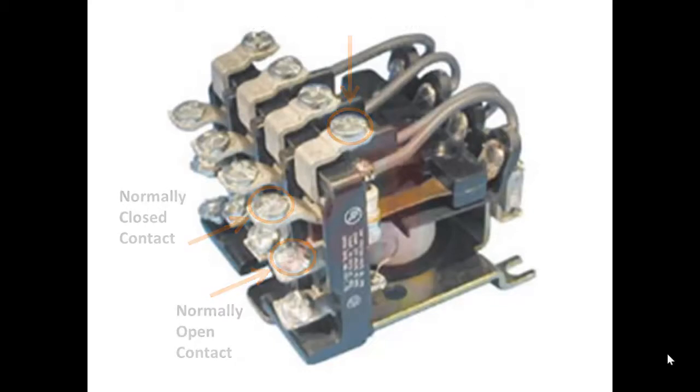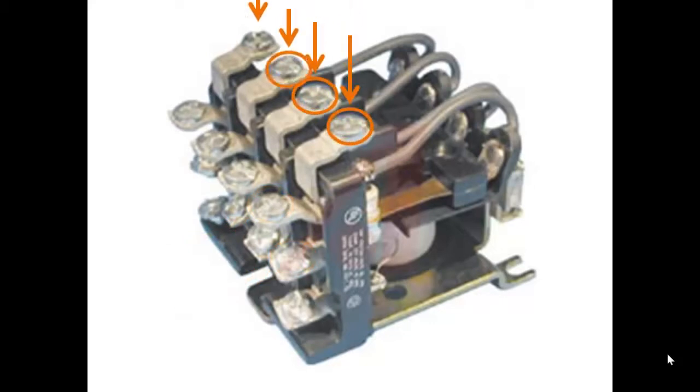Now I said this was a 4-pole double throw. So you can see there are 4 sets of Form C contacts on here. So this would be the actual physical device that we were representing in the last slide that showed 4 sets of contacts.